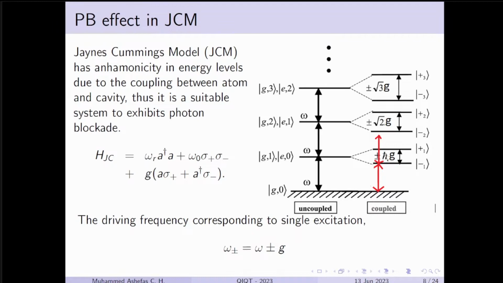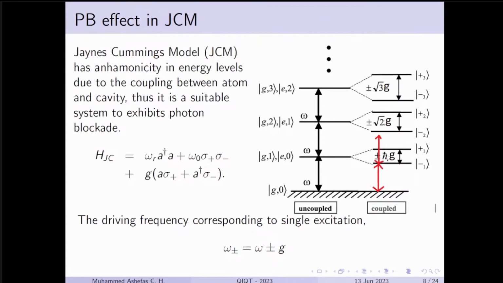But still, the energies are not exactly mismatched, so there is some probability of exciting the system to higher energy levels. That is one issue. If g is very small, there is a possibility of higher excitation even with the same ω. If you excite to the first excited state, it can go to a higher excited state if g is very small.